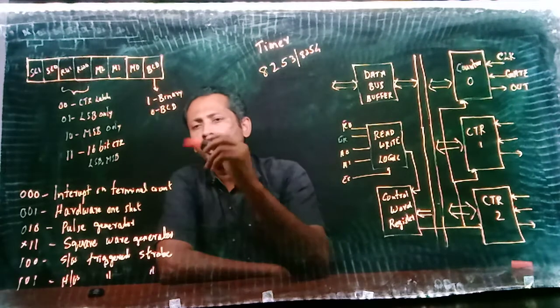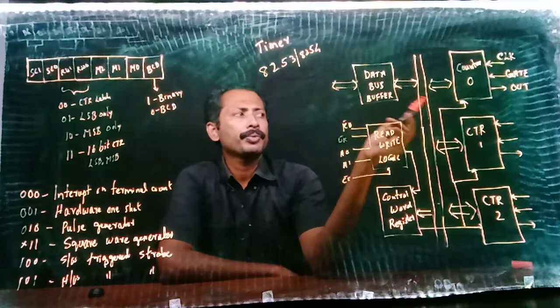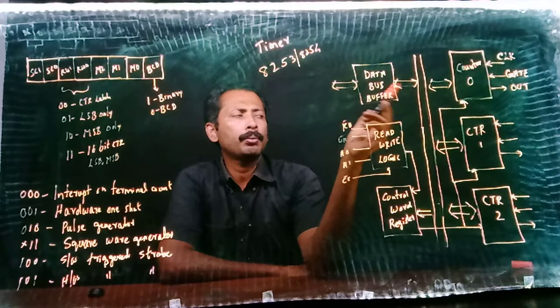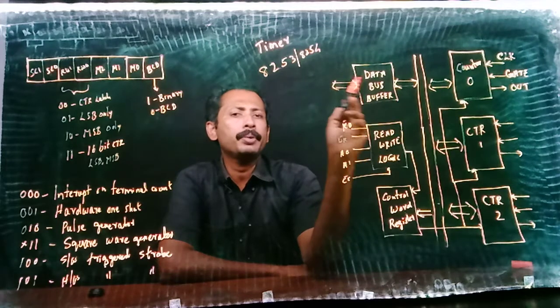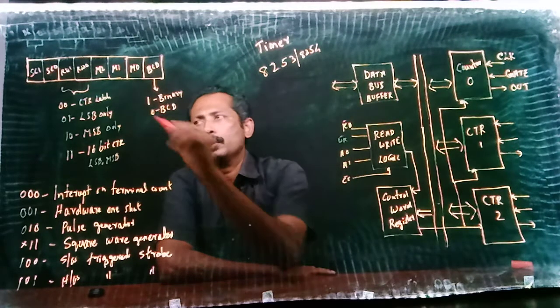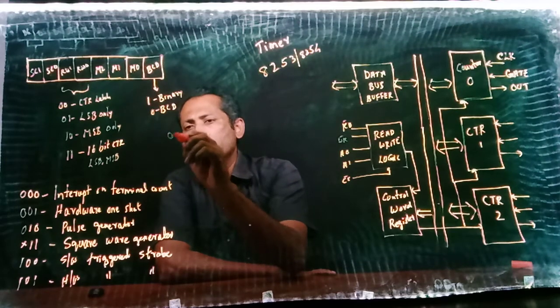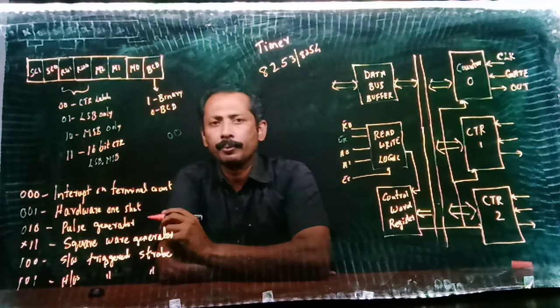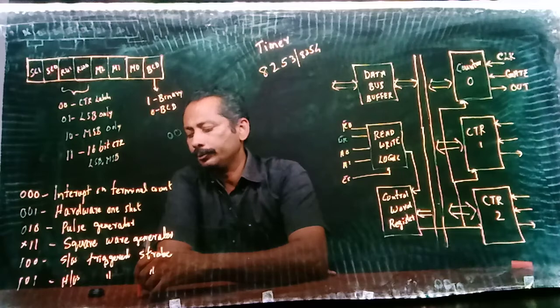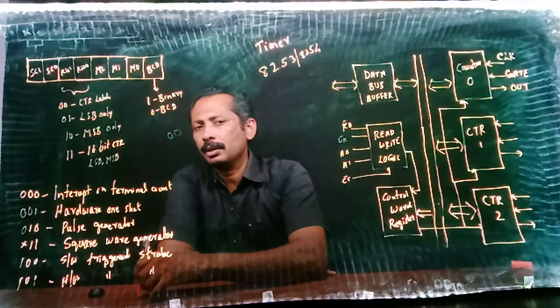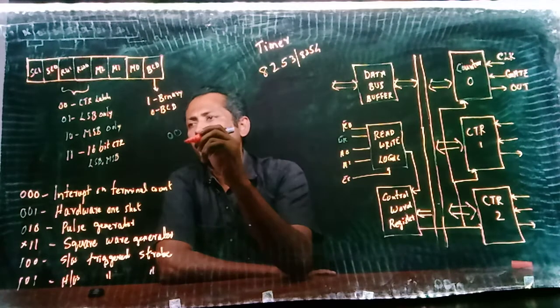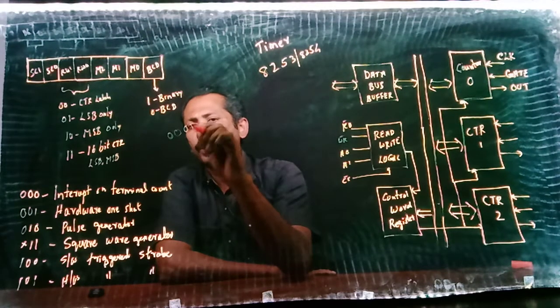So as an example, I am using counter 0, mode 0, 8-bit LSB counter. In the control word format, the first 2 bits are counter selection, so I am giving 0 0. The next bits indicate the LSB count, so 0 1.